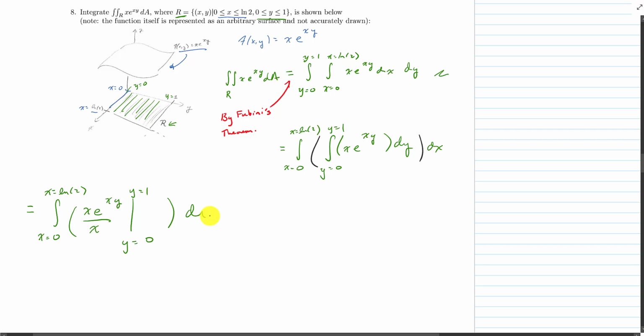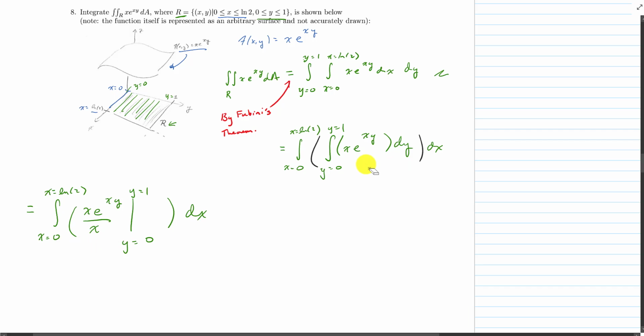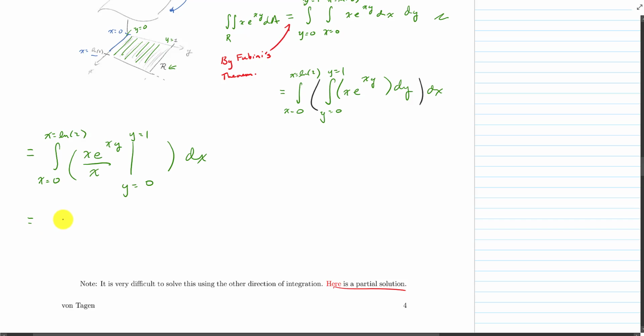If you don't believe me, just take the derivative of this expression and see that you'd be back to x e to the xy. So let's clean that up just a little bit more. That goes from x equals 0 to x equals the natural log of 2, of e to the xy evaluated between 0 and 1. Sometimes I'll get sloppy and won't write that y equals.